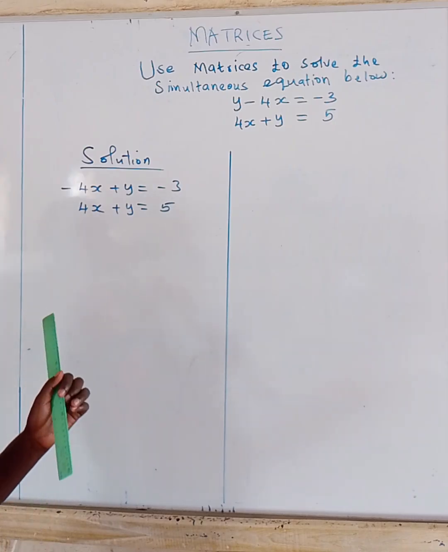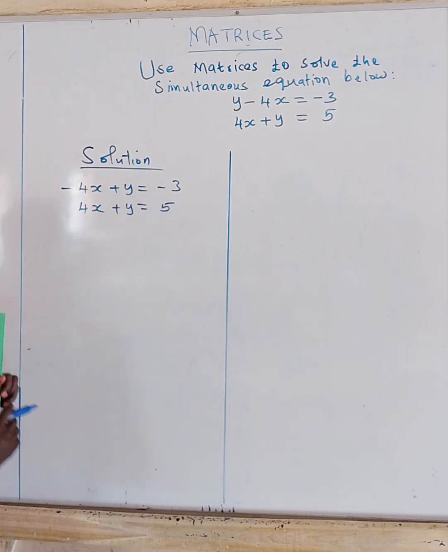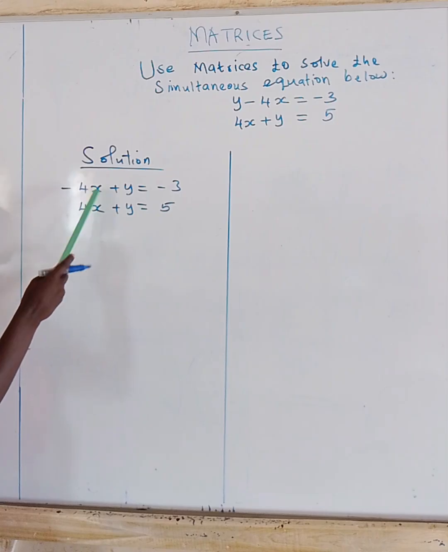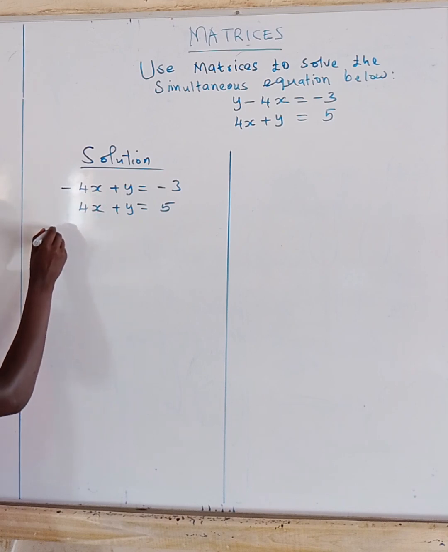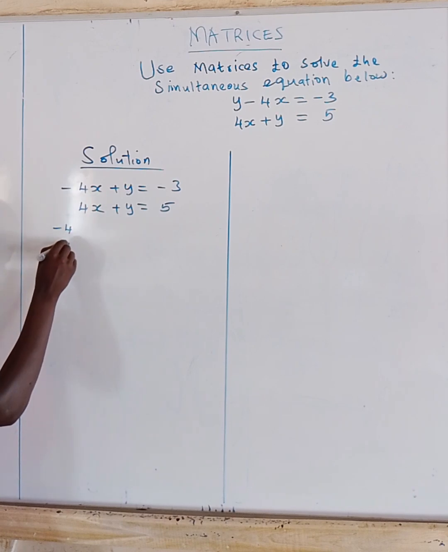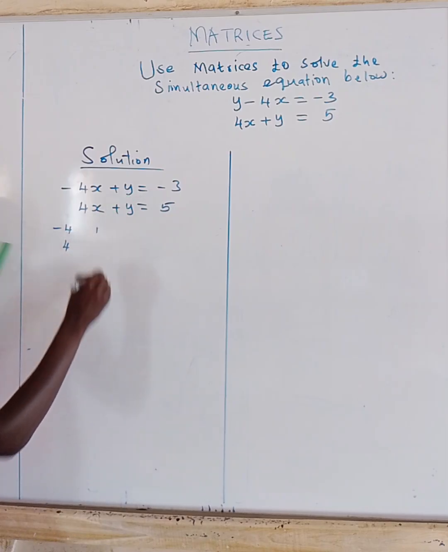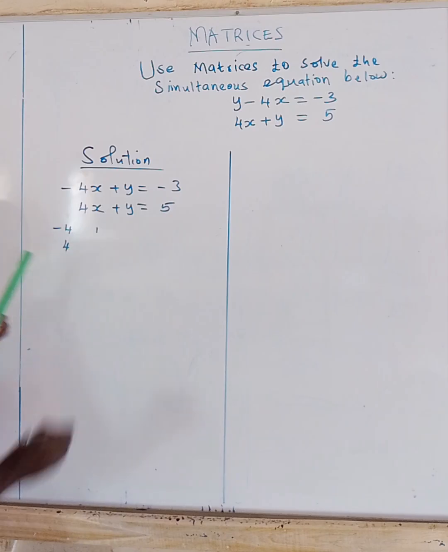The next step is we write the coefficient matrix. Here we extract the coefficients of x and y. The coefficient of x in the first equation is negative 4. The coefficient of x in the second equation is positive 4. The coefficient of y in the first equation is 1. The coefficient of y in the second equation is 1.